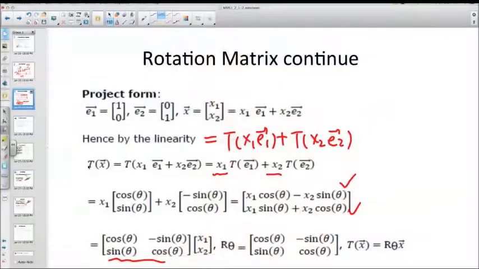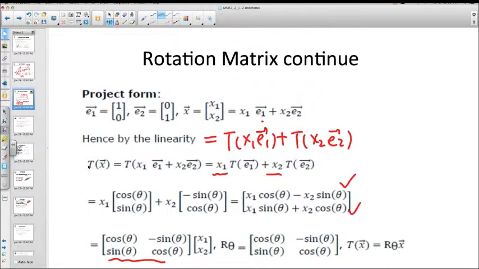So look what we can do with that. Now back to any arbitrary vector. By the projection form, the vector can be written as x1 times the first unit vector plus x2 times the second.